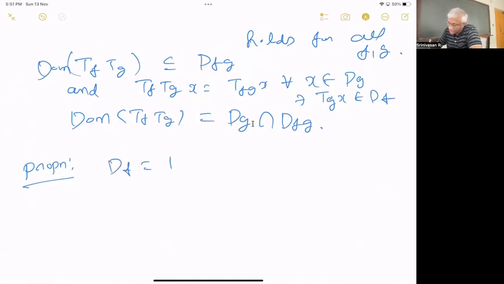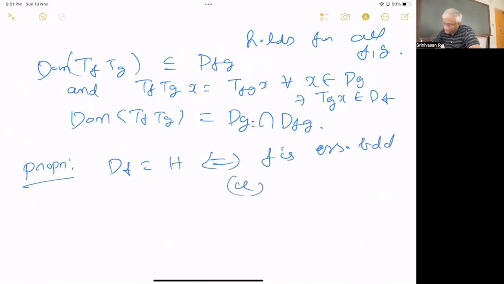D F equal to H is equivalent to saying that F is essentially bounded. What is essentially bounded here? I mean, L infinity kind of thing, but the L infinity is with respect to the spectral measure P.